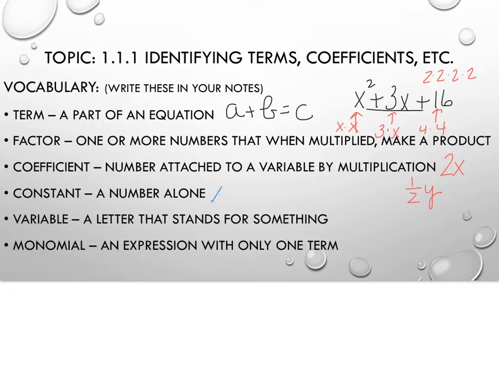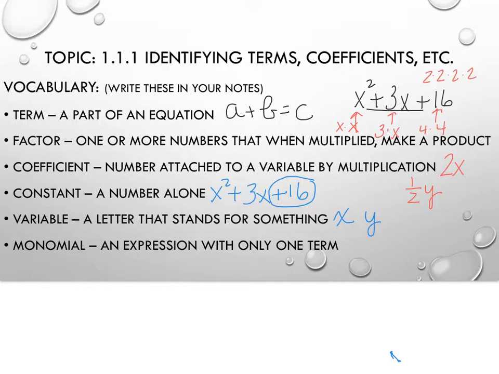So in the top example of x squared plus 3x plus 16, the constant is the 16 because it's a number alone with no variable. Then a variable is a letter that stands for something. We usually use x, y, a, b, c, things like that.